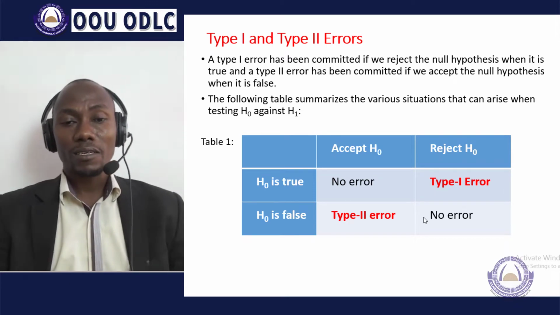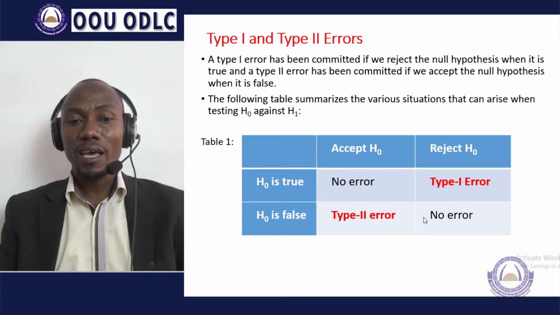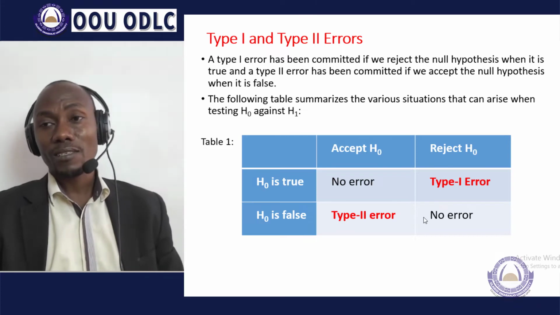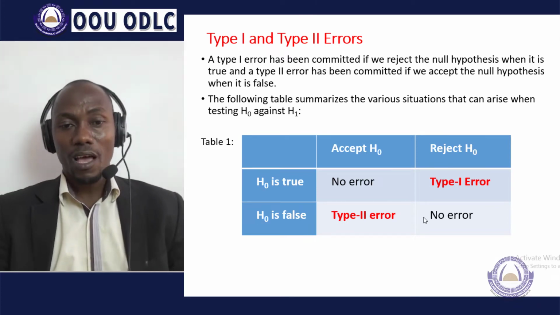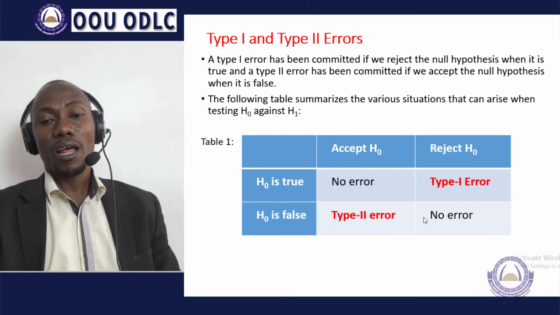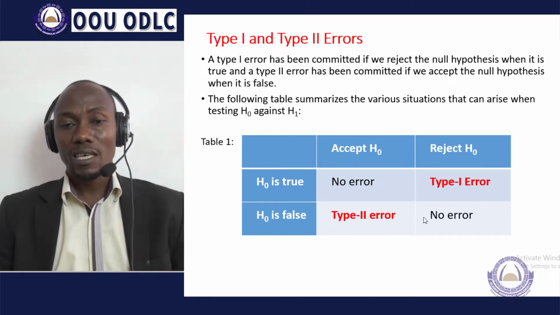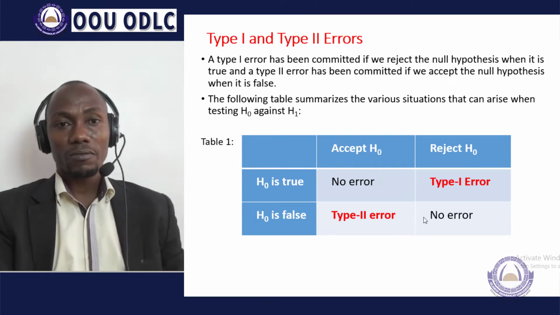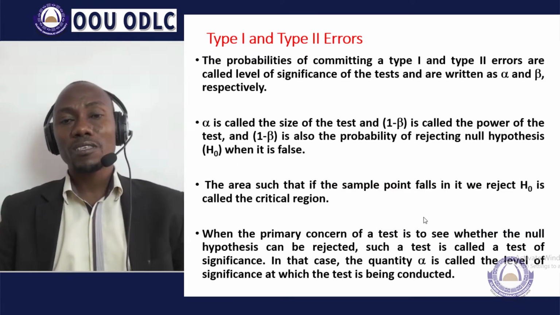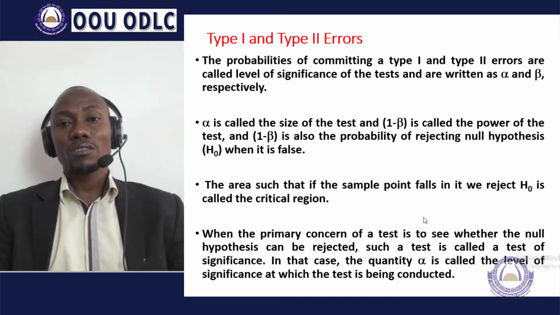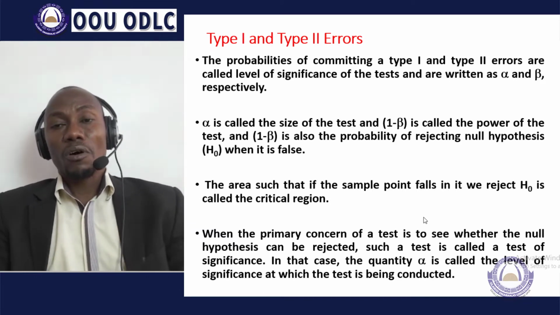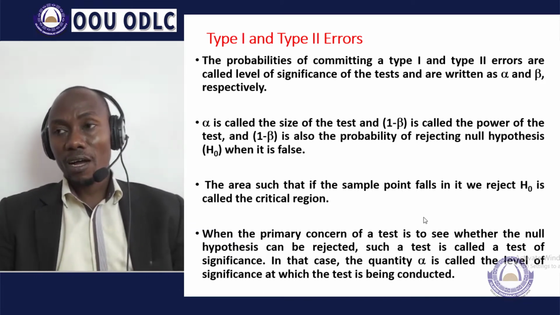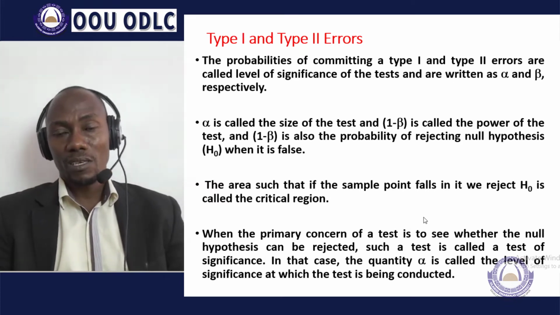On the other hand, type 2 error will have been committed if after testing your hypothesis you realize it is false and you need to reject the null hypothesis, but you eventually accept it. Such error is called type 2 error. The probabilities of committing type 1 error or type 2 error are represented with alpha and beta respectively.